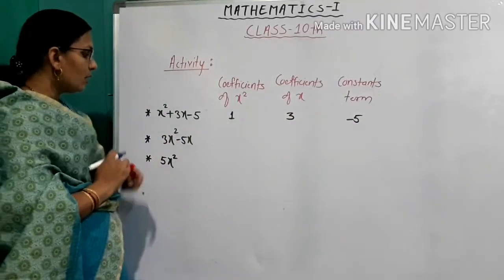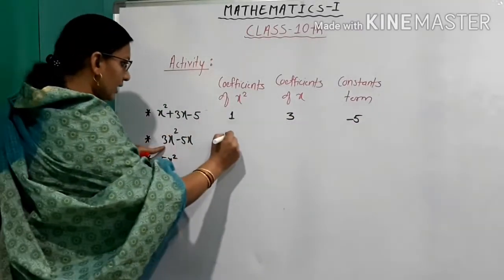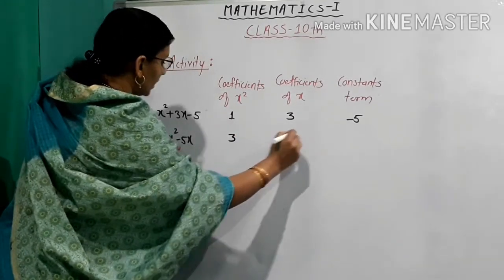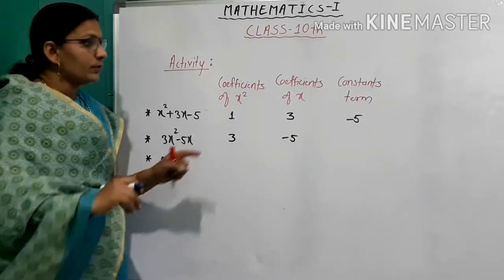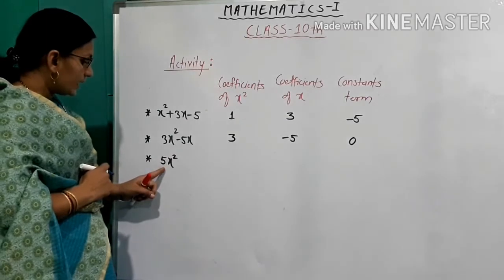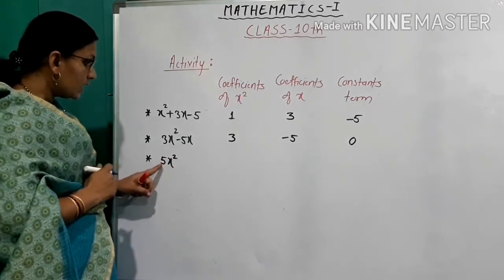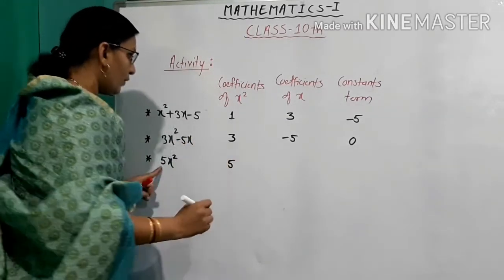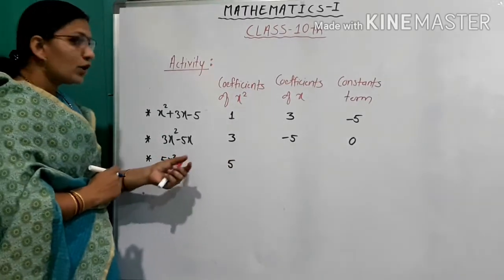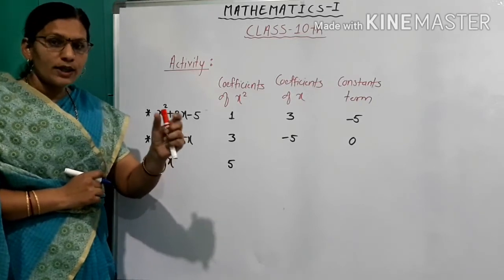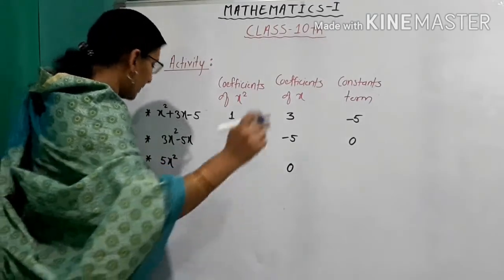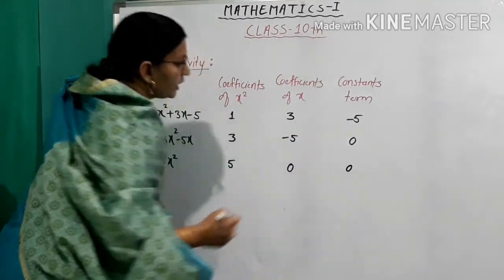In second example, coefficient of x square is 3, coefficient of x is minus 5 and there is no constant term, therefore it is 0. In third example, coefficient of x square is 5. Coefficient of x term is not here, therefore its coefficient is 0. 0x means that term is 0, and constant term is also not present here, therefore it is also 0.